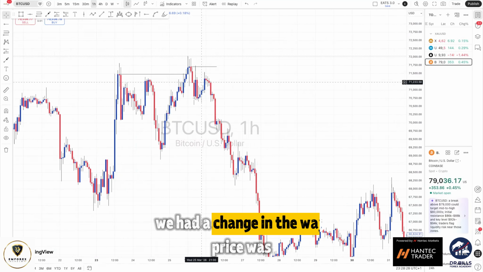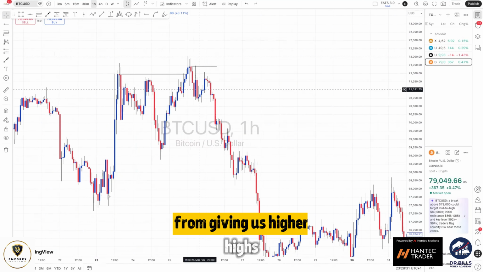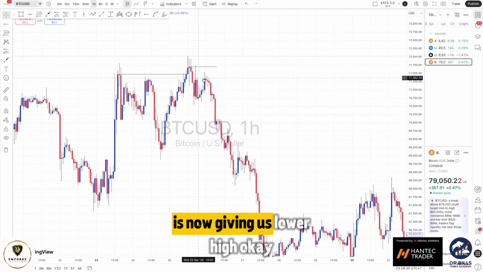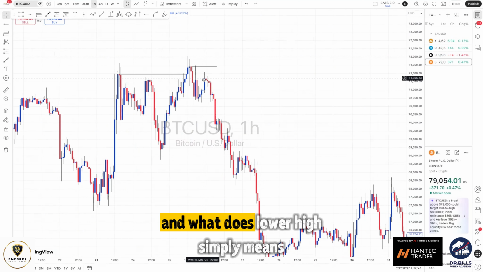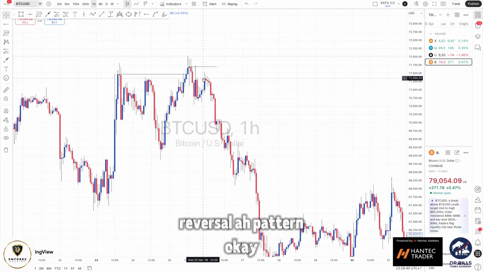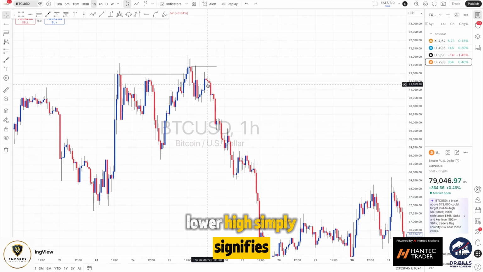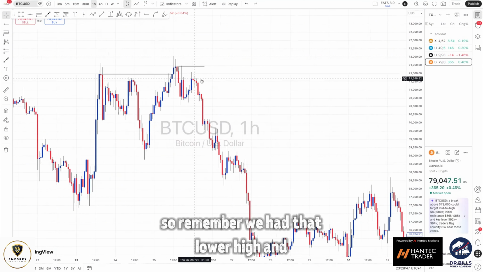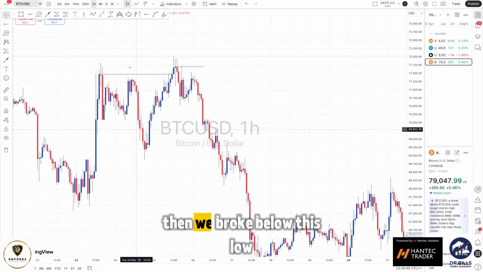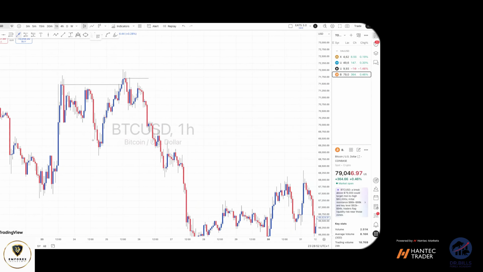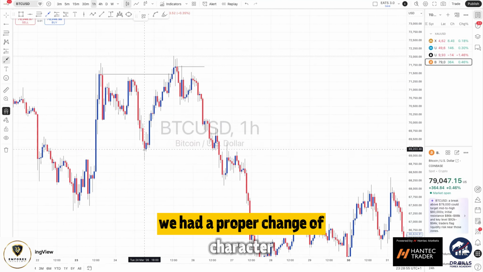We had a change in the way price was printing, from giving us higher highs to now giving us a lower high. And what does a lower high simply mean? A reversal pattern. Lower high simply signifies reversal patterns. So when we had that lower high, and then we broke below this low here, we had a proper change of character.